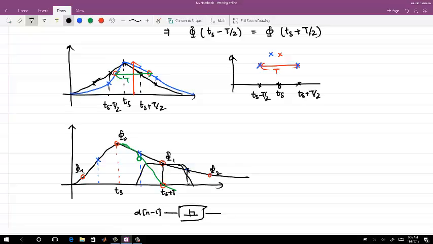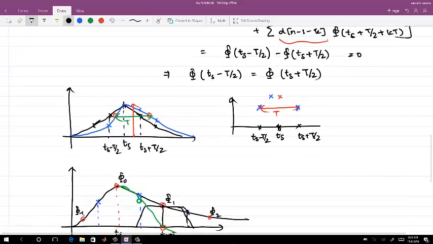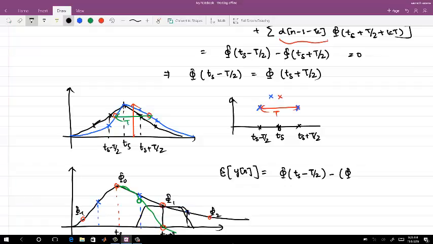Under this condition, can you write y of n? We are saying that the expectation of y of n should be equal to 0, which is now phi of Ts minus T by 2 minus phi of Ts plus T by 2 minus the DFE first coefficient I am cancelling.